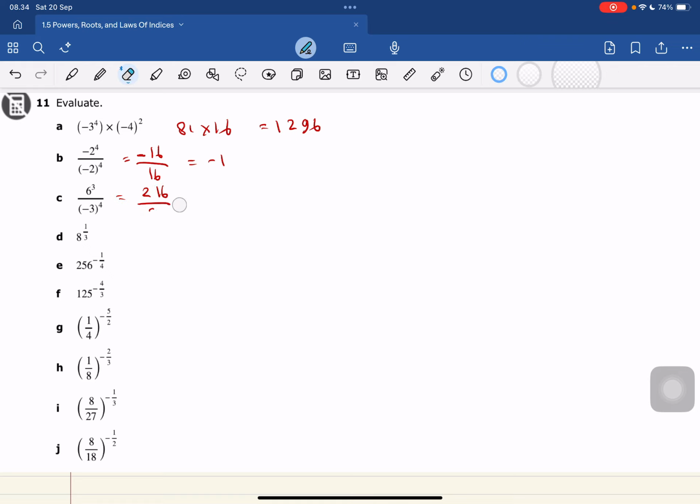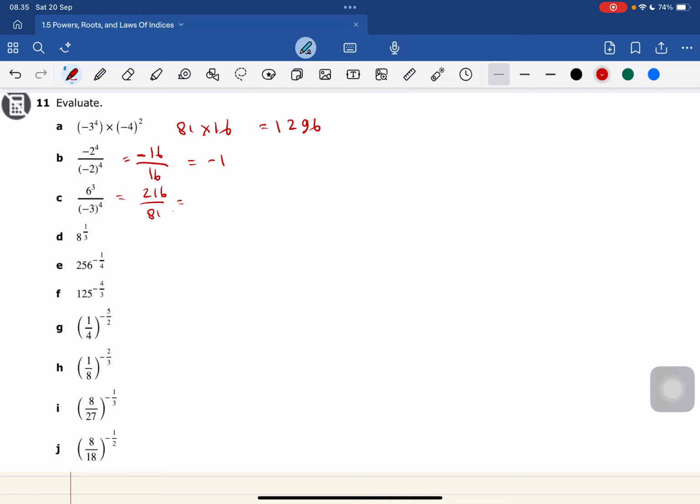Well, let's check it again. This is 6 times 6 times 6, which is going to be 216. And then minus 3 we multiply by itself. Okay, so this is 81.